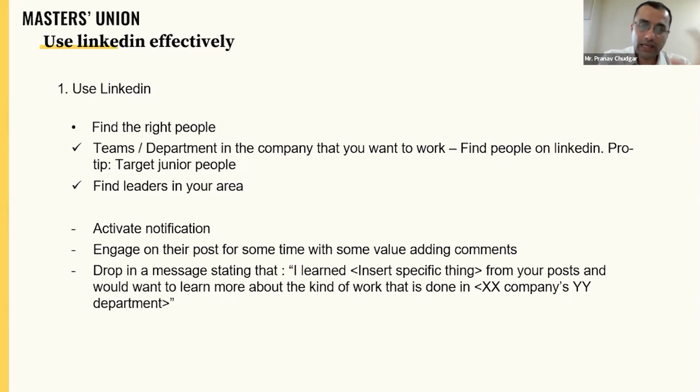So figure out the area that you want to go into. Find people on LinkedIn with similar skill sets, maybe in the same company you want to get into. So if you want to get into a bank, figure out the department you want to go in, and find the people on LinkedIn that are there in this area.